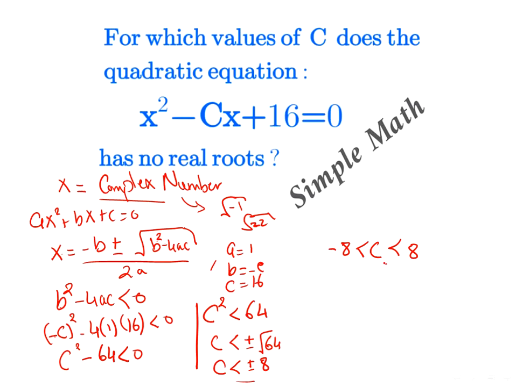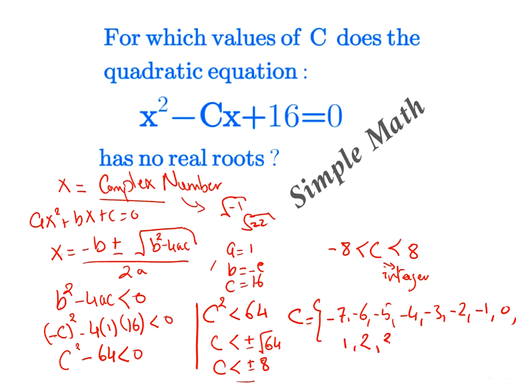By assuming that c is an integer, which must be written in the head of the question, but let us assume that c is an integer, the values of c that make this quadratic equation have no real roots are c equal to, starting from negative 7, negative 6, negative 5, negative 4, negative 3, negative 2, negative 1, 0, then 1, 2, 3, 4, 5, 6, 7.